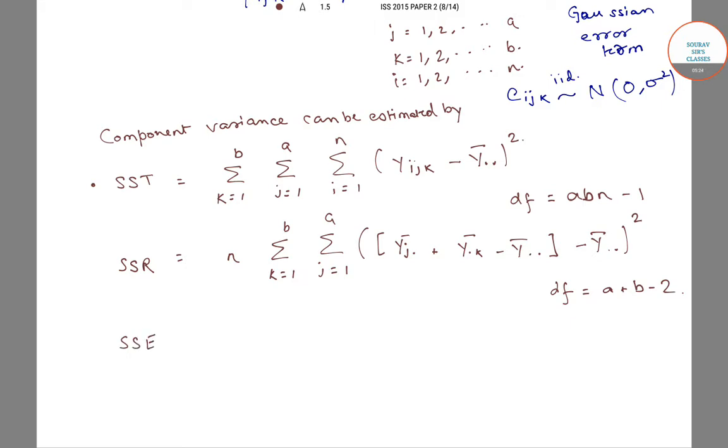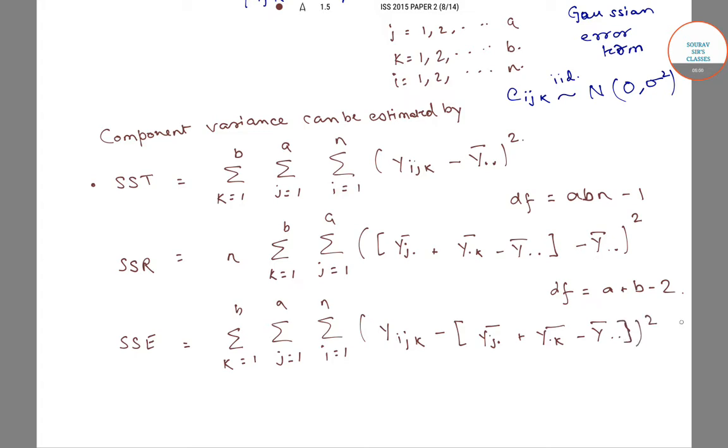And SSE, which is the error sum of squares, is equal to summation k goes from 1 to b, summation j goes from 1 to a, and summation i goes from 1 to n, then Yijk minus yj dot bar plus y dot k bar minus y bar double dot, whole square.